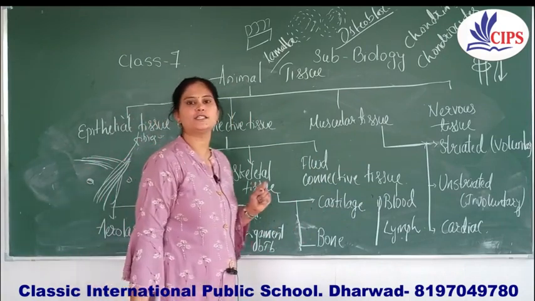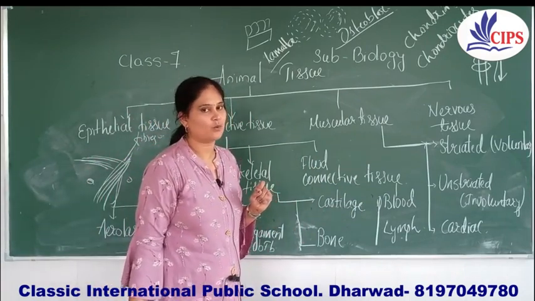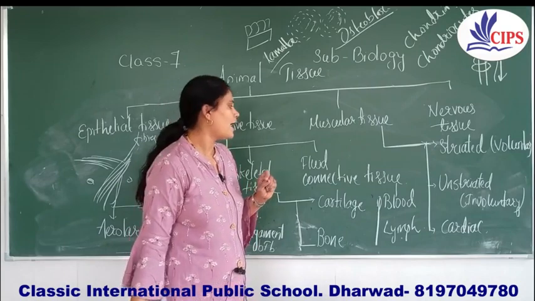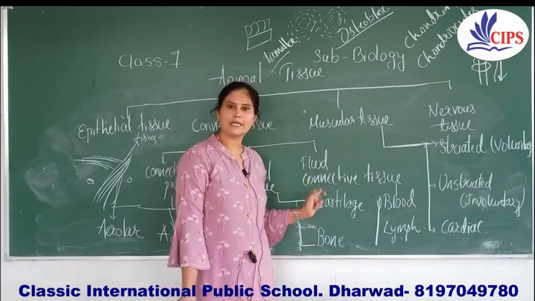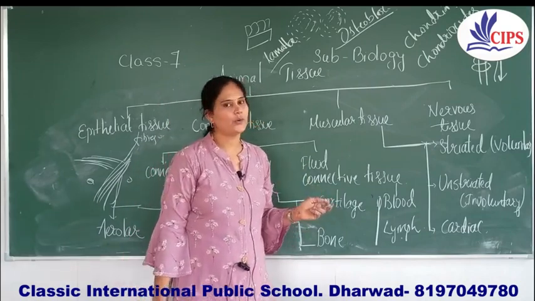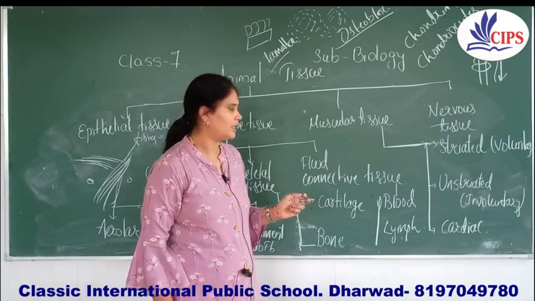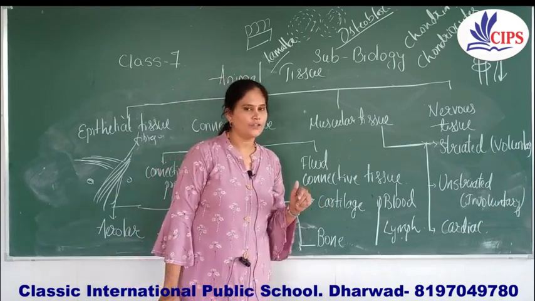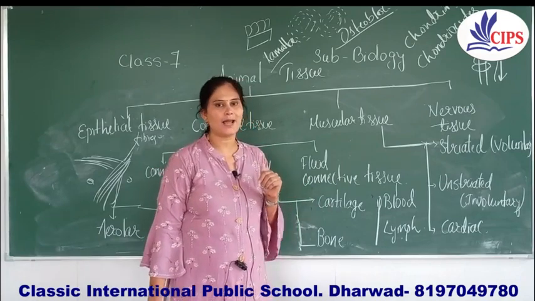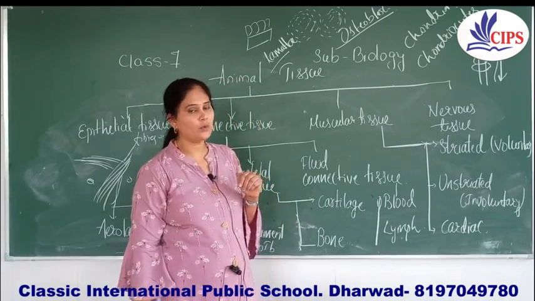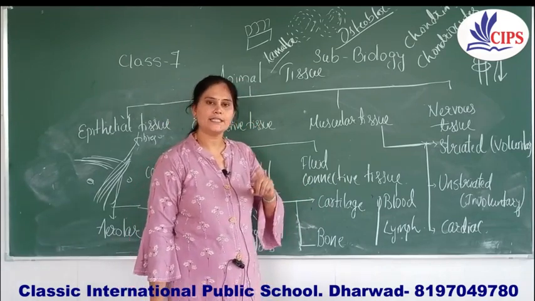This immunity is given by the white blood cells, and the blood platelets help in the coagulation of the blood. The other component, the liquid component, is the plasma, which acts as a ground substance, right? And it is liquid.